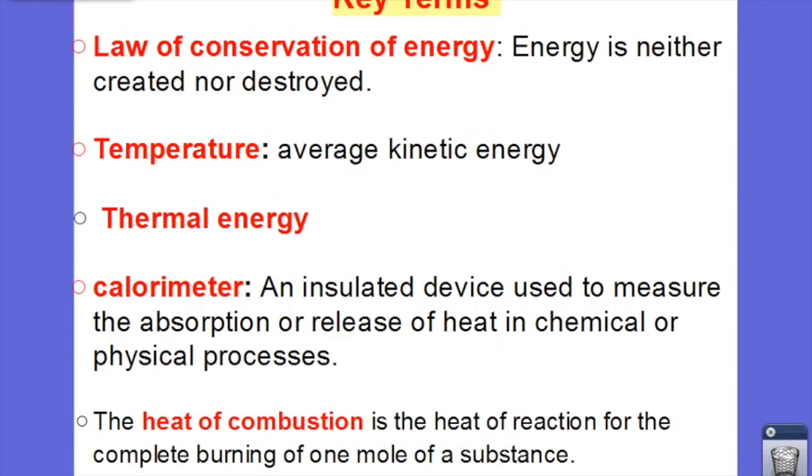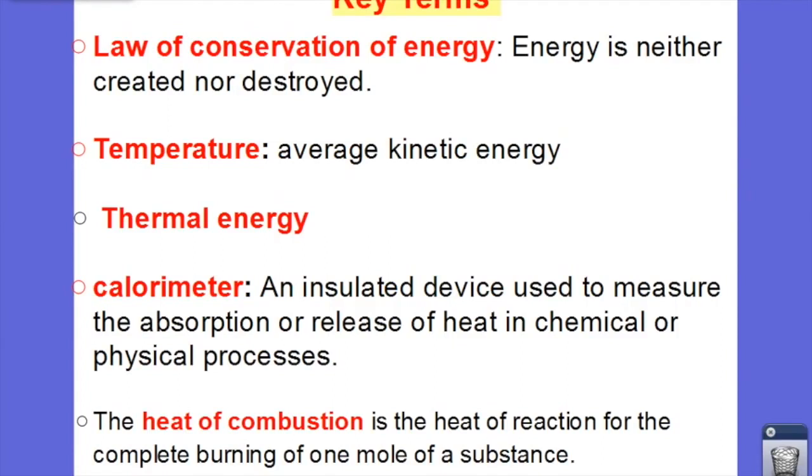It is a styrofoam coffee cup calorimeter. And a bomb calorimeter. That's where we have a calorimeter at constant volume. Okay, constant volume.